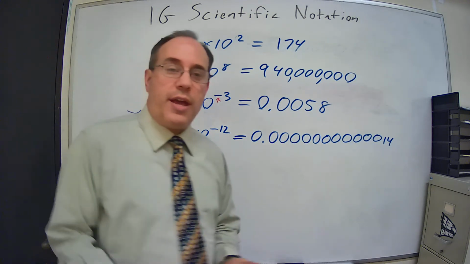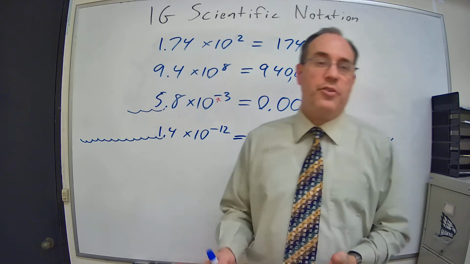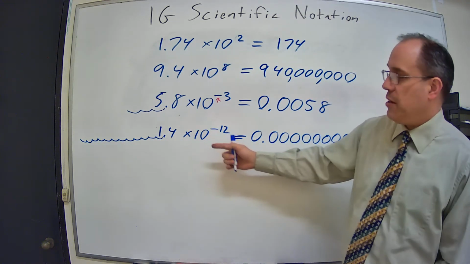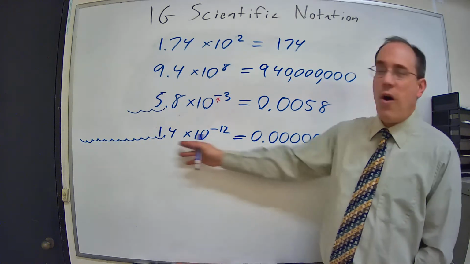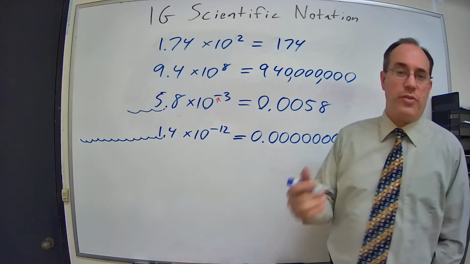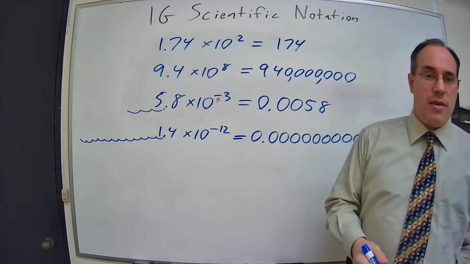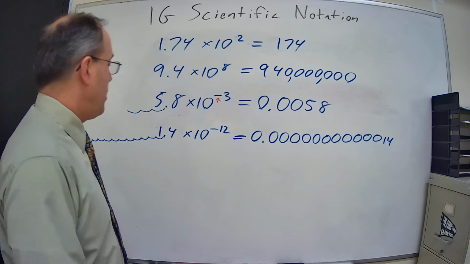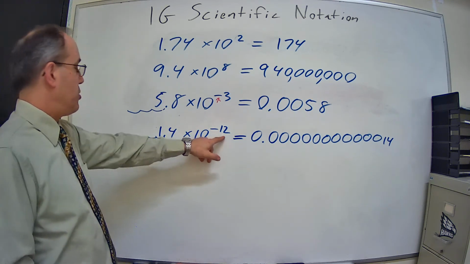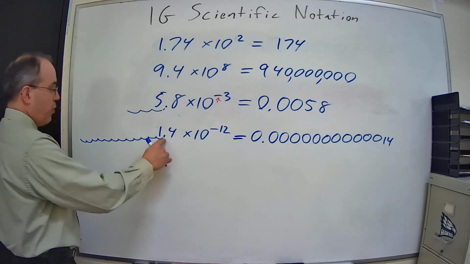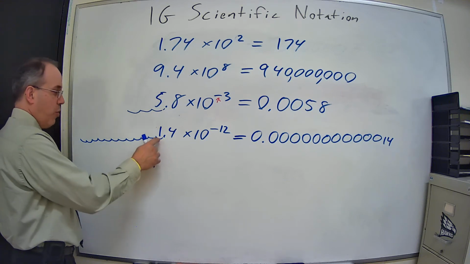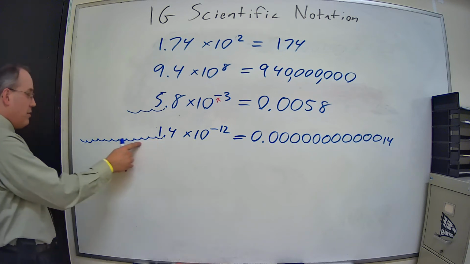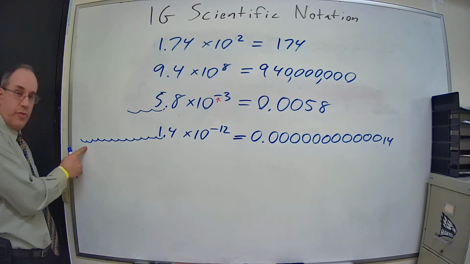Now, a little trick that you may get used to is when you're dealing with numbers that are small, that have that negative exponent when they're in scientific notation, you can actually count your way out to the first number. Notice with this being 12, that when I move this over 12, one of those places was the ones place. And then the other 11 of them got filled in with zeros.